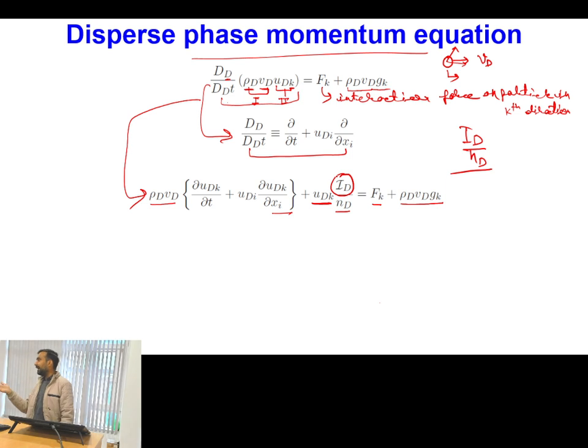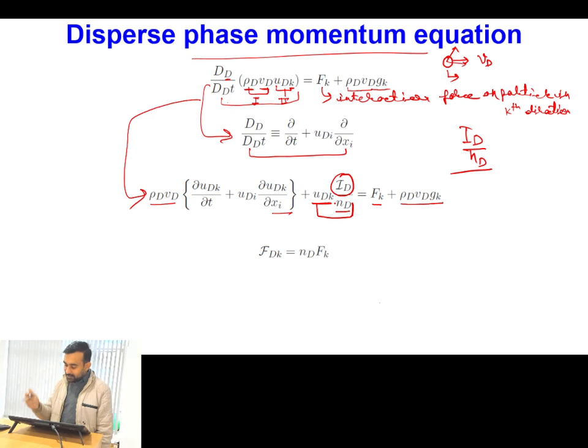In addition to that, if the size of the dispersed phase particle is either growing because of phase change, or decreasing because of phase change or any other type of chemical reaction, then there will be an additional change in momentum because of the mass exchange. That additional change of momentum because of mass exchange is accounted for by this particular term. Is this point clear?